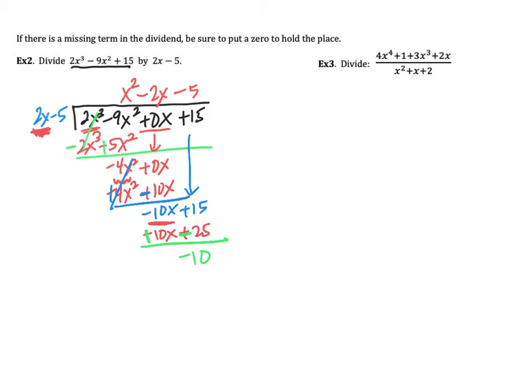So when I do my long division, what would I get? So 2x cubed minus 9x squared plus 15 divided by 2x minus 5 is equal to x squared minus 2x minus 5 minus 10 over the dividend.